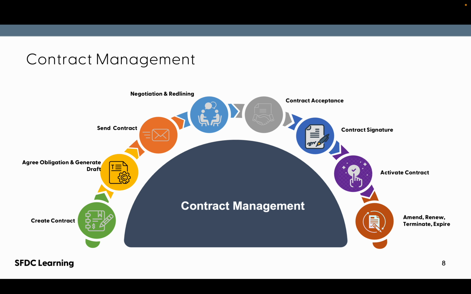In the meantime, if you entered into a contract for 5 years and want to terminate, you can terminate. You can have a termination as well. And if you don't want to renew at a certain end date, the contract can expire as well. So that's the whole contracting process.